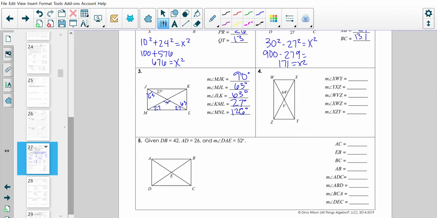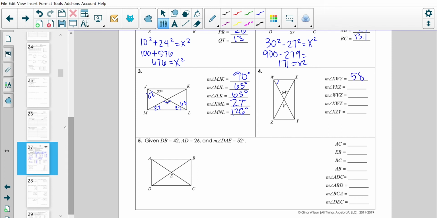What is XWY? How do I find that? Can you do 180 minus 64, divided by 2? You can. 58.